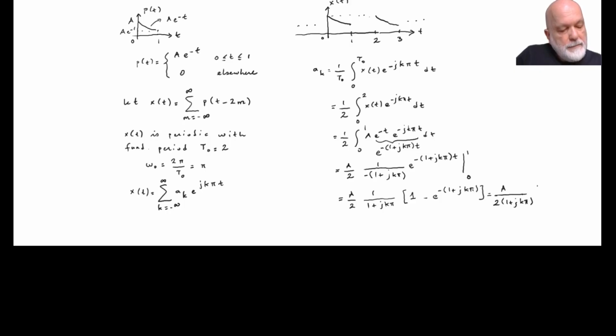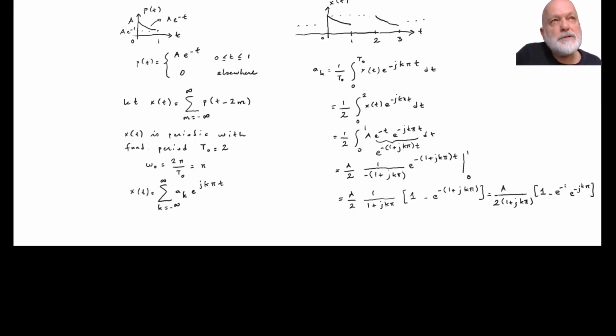Then we have 1 minus e to the minus 1, and we have e to the minus j k pi. But e to the minus j k pi is e to the minus j pi raised to the power k.